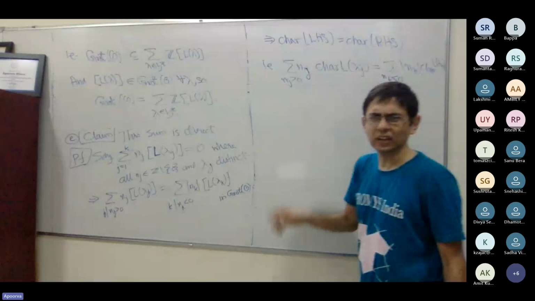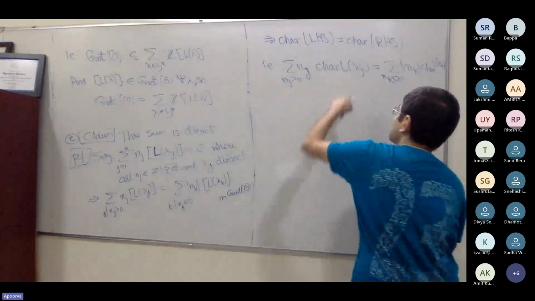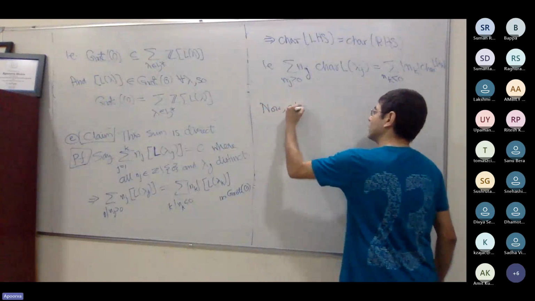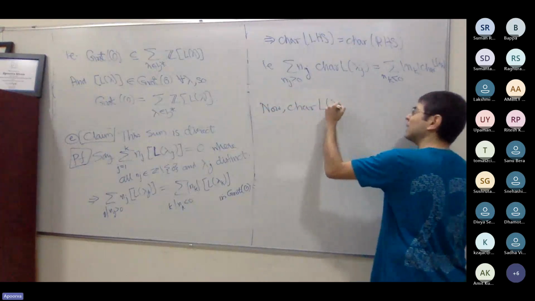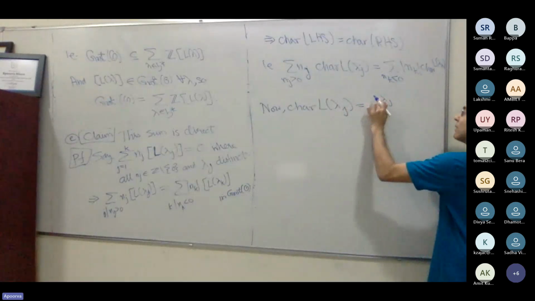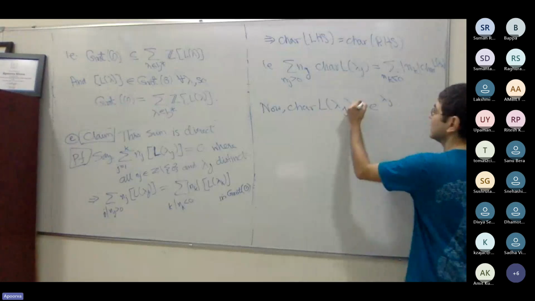That can be on either side, but basically now look at the formal characters. How do the characters of L lambda look? The character of L lambda j is e to the lambda j plus lower terms. The highest weight space is dimension 1. Everything else is smaller.